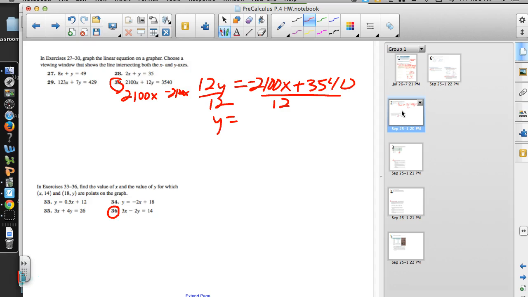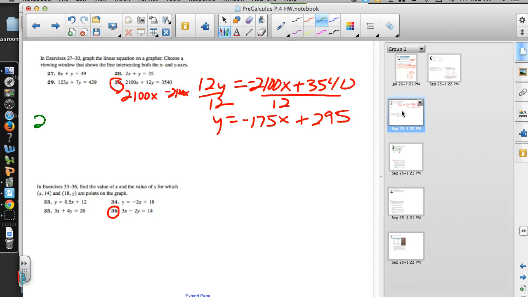So y equals, and then we could grab a calculator, negative 2100 divided by 12, and that will give you a negative 175x, and then 3540 divided by 12, and that gives us 295. So it says choose a viewing window that shows the line intersecting both the x and y axes.